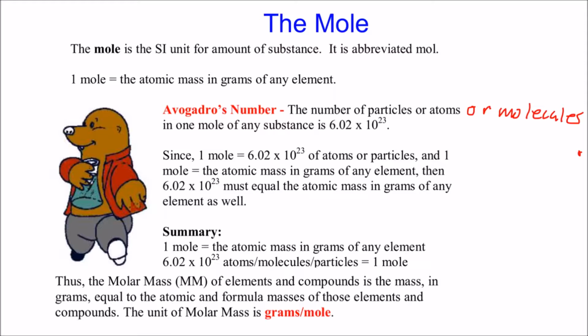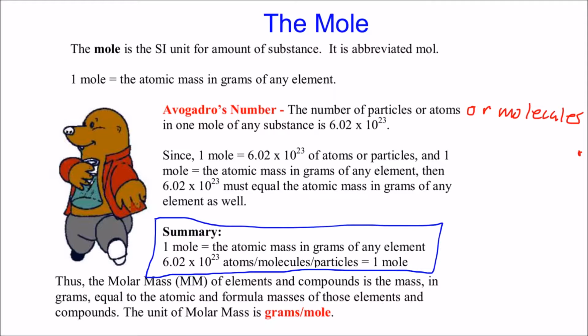So the mole is equal to the atomic mass in grams of any element, and also 1 mole of any substance is equal to 6.02 times 10 to the 23rd particles, atoms, or molecules of that substance. Right down here I have given you both of those written out.